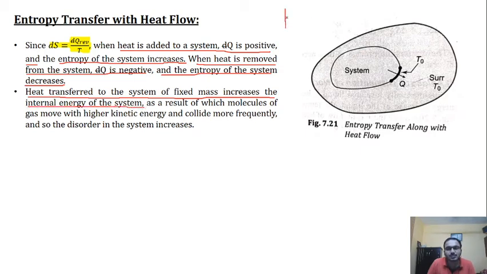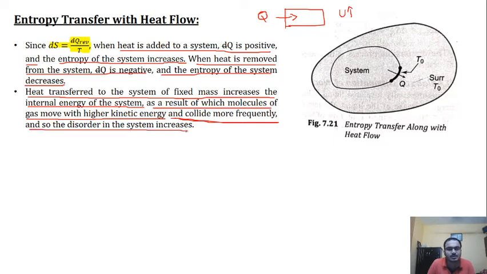Because suppose we have a small system like this, and whenever we provide heat, that is Q, the internal energy of this system increases, as a result of which the molecules of gas move with higher kinetic energy and they collide more frequently. So the disorder of the system increases.